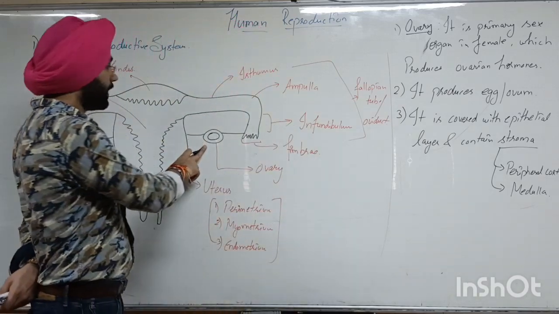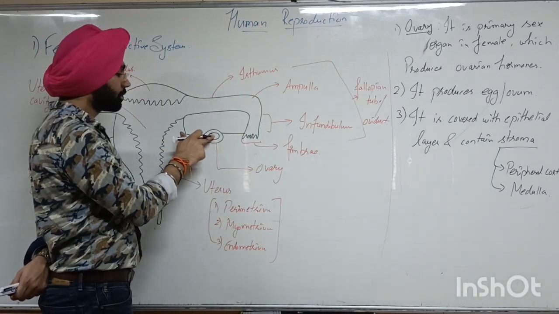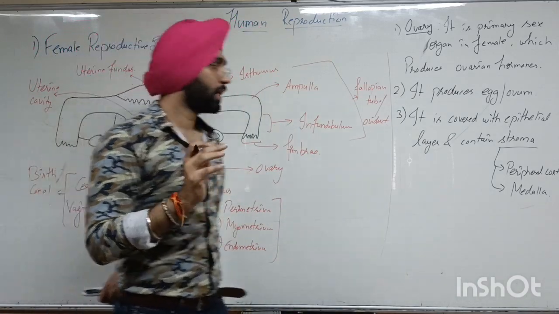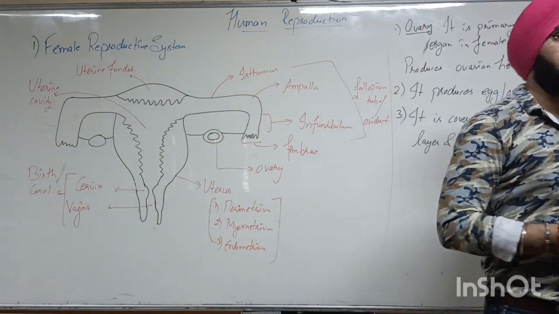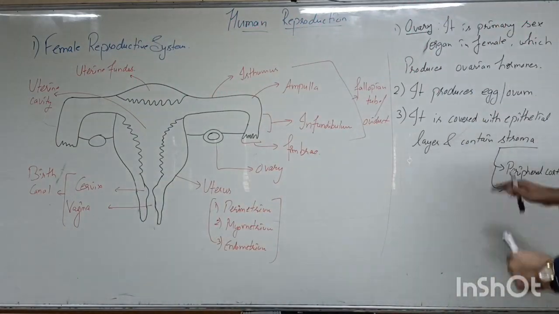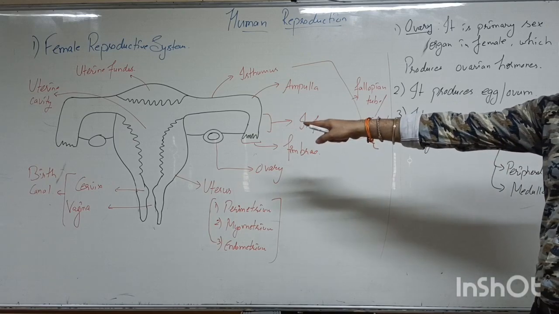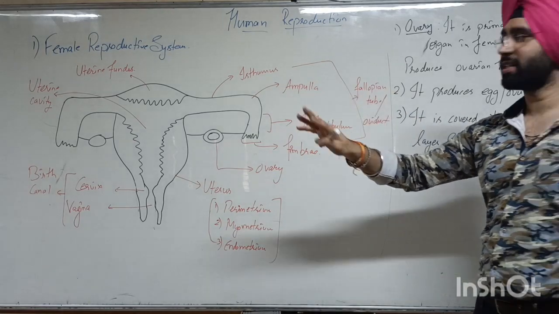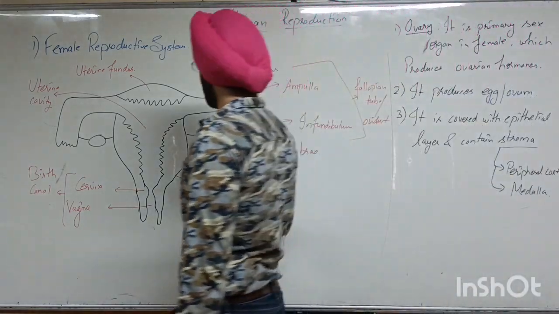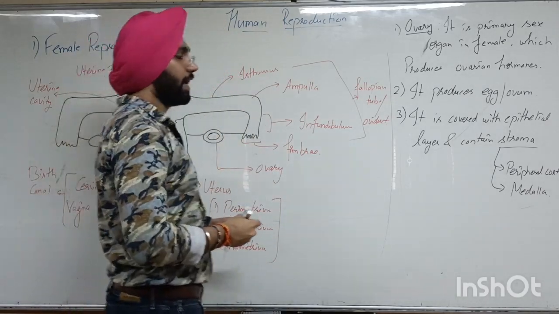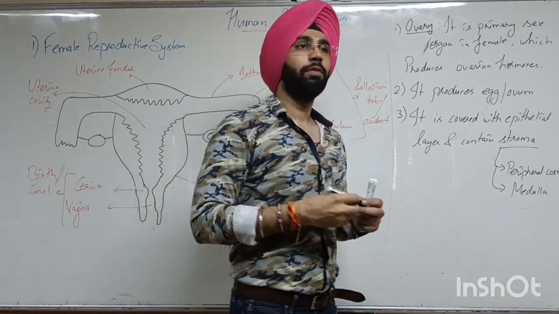As I have explained in this diagram, this internal part is known as the medulla and this peripheral part is known as the peripheral cortex. They both are collectively known as stroma, and the outer layer of the ovary is covered by epithelial lining. The size of the ovary is 2 to 4 centimeter.